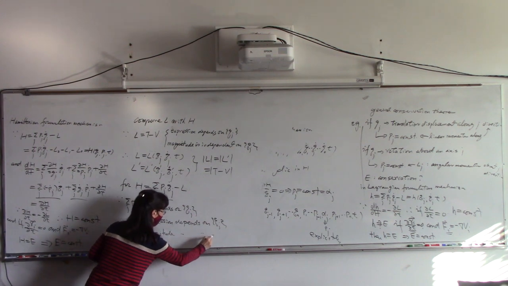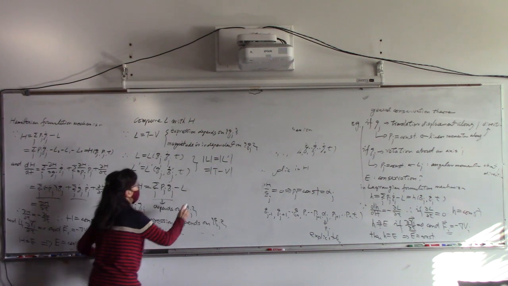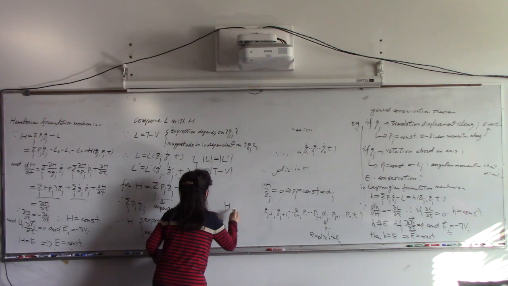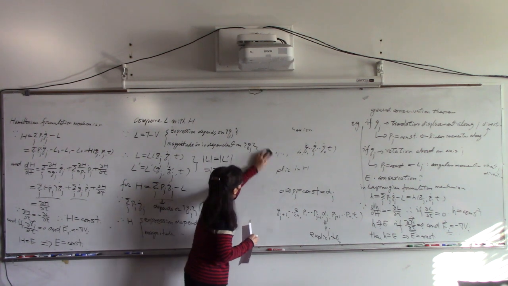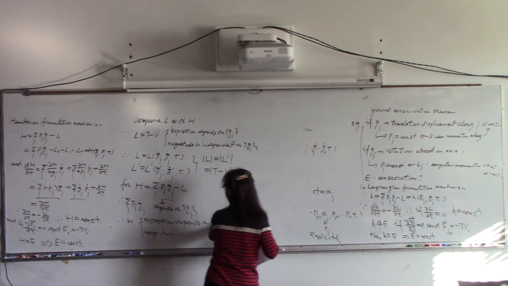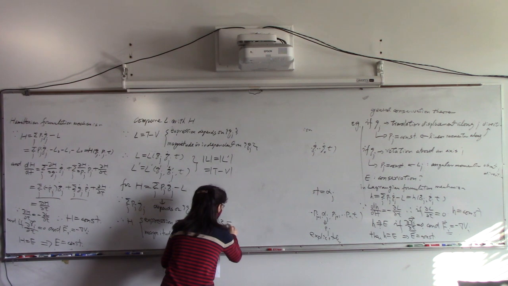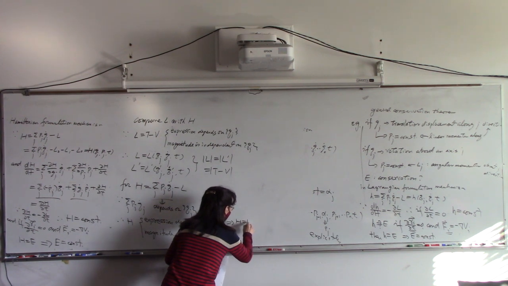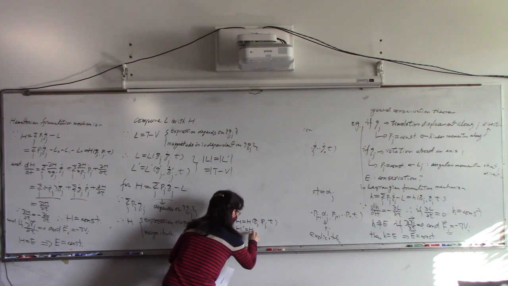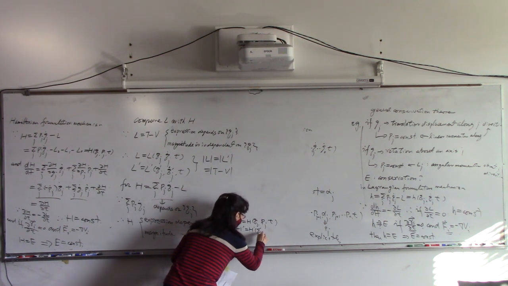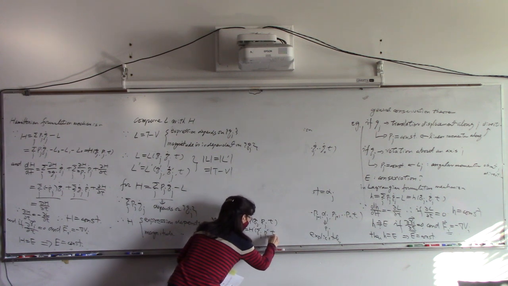also depends. That means H is a function of q_j, p_j, and t, and H prime is a function of q_j prime, p_j prime, t.